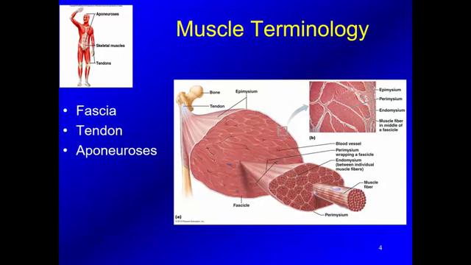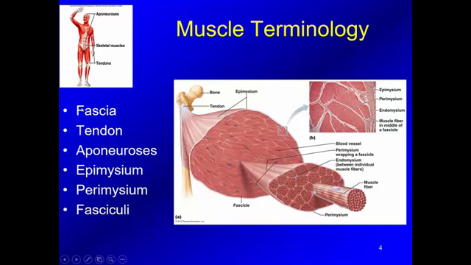For each single muscle, underneath the fascia is a layer of membrane connective tissue called the epimysium, and then muscles themselves are in bundles, and you can see each bundle. They've pulled one bundle out, so you see the bundles up here, and each bundle is called a fascicle or fasciculus, and it's wrapped around by a membrane called the perimysium.